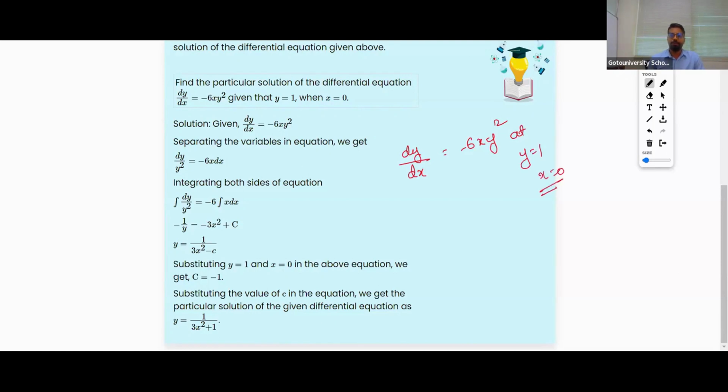As we have particular values to substitute here, we may end up with a particular solution. But for finding a particular solution, what we need to know first is to find the general solution. How to find the general solution? Again, the variable separable approach only, we are discussing it. So the given equation is dy by dx equals minus 6x into y square. So let us rearrange this.